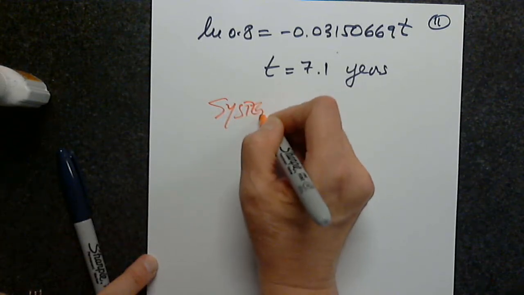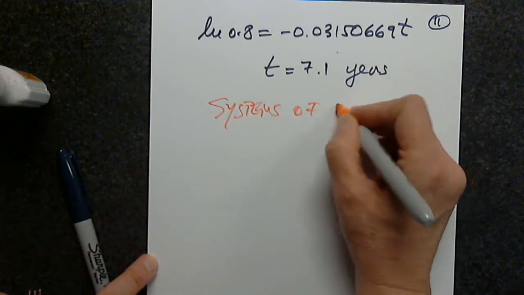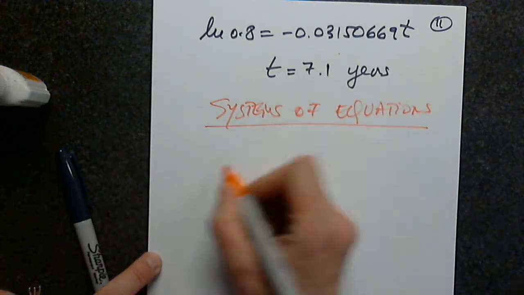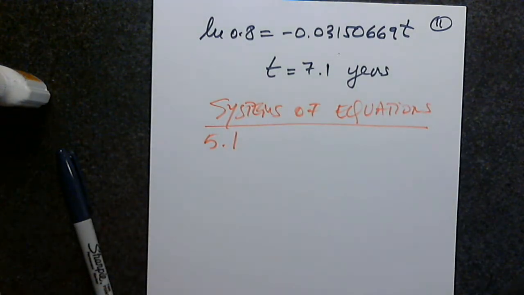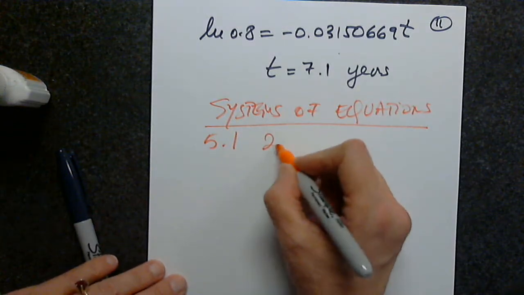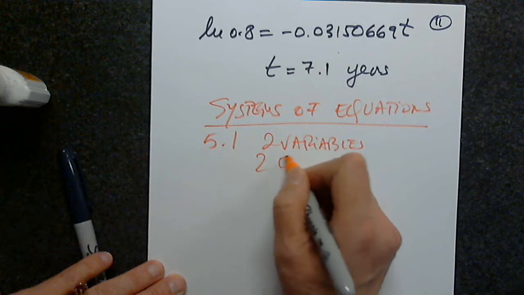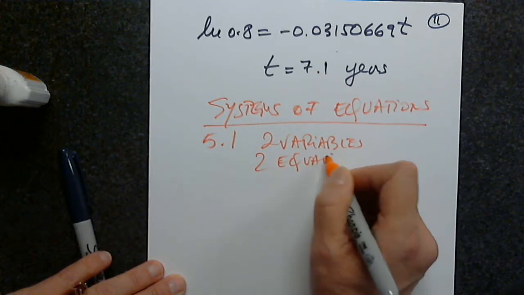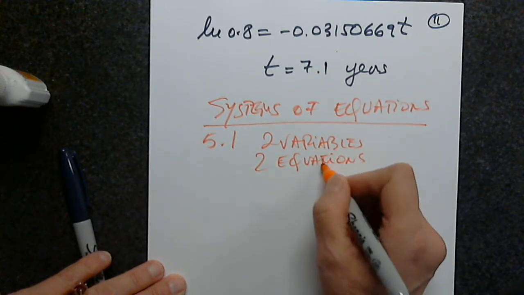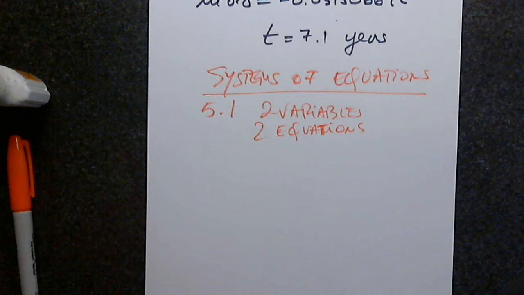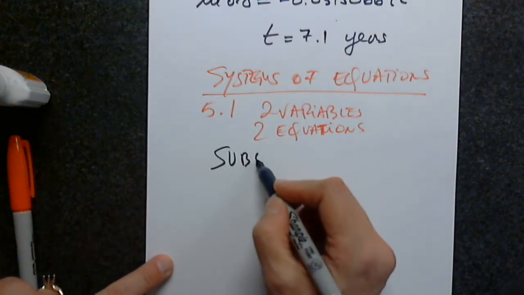Systems of equations, 5.1. Two variables, two equations. We're going to review substitution and elimination.